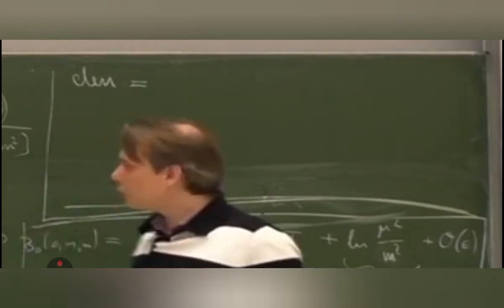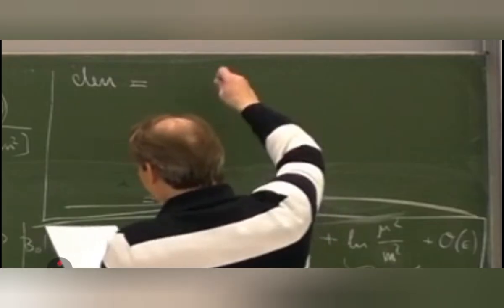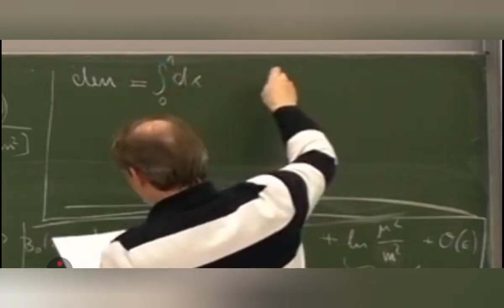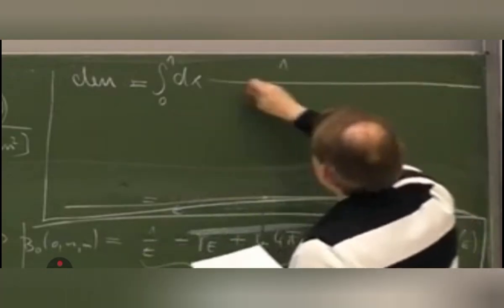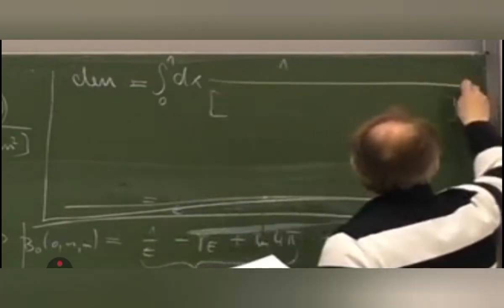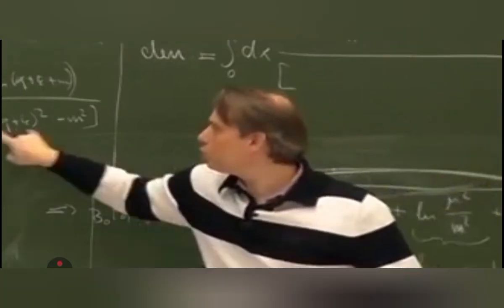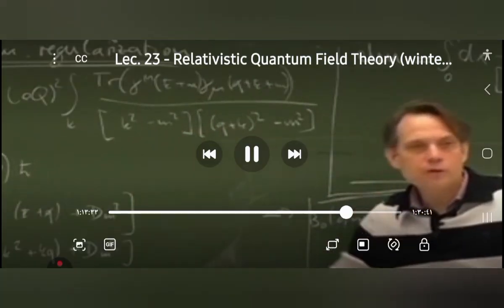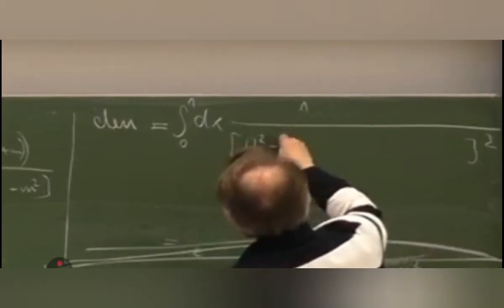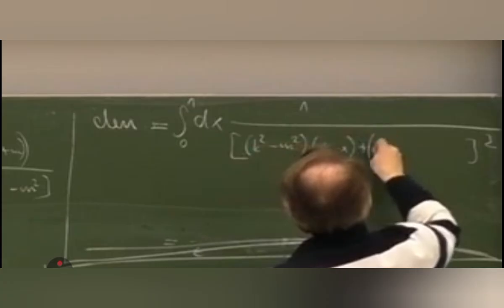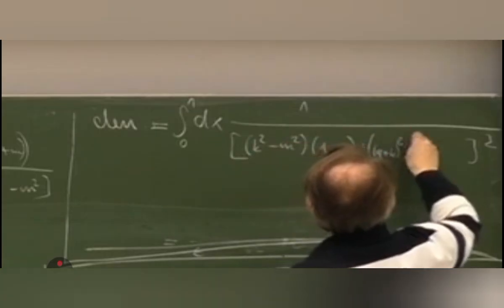So let's apply this idea to our denominator, and then we get an integral from 0 to 1 dx of the following something squared, and in the bracket we now have the sum of the two denominators times (1 minus x) or times x. That gives k square minus m square times (1 minus x) plus (q plus k) square minus m square times x.